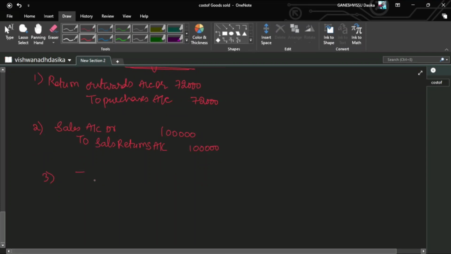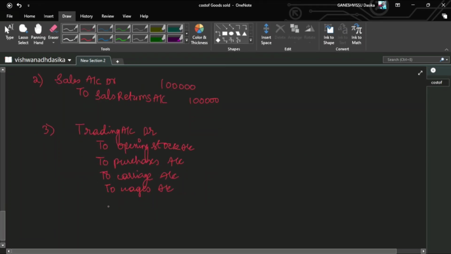So we should write that trading account debit to opening stock, to purchases account, to carriage account, to wages account, and I think only these four are there.